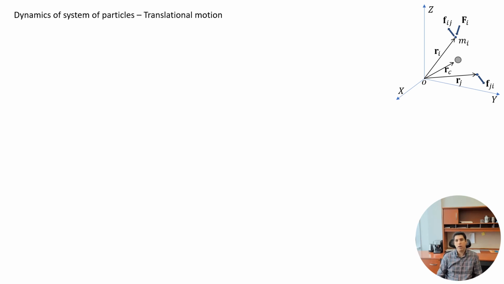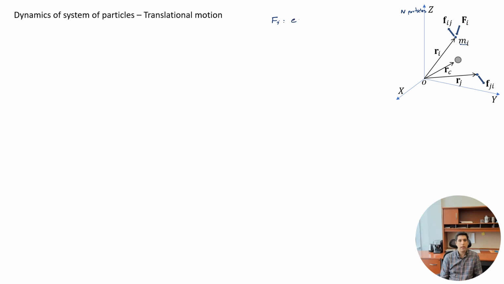We have a collection of bodies or a collection of particles. Let's for now say we have n particles, and each of them has the mass mi, and there is some external force acting on it.